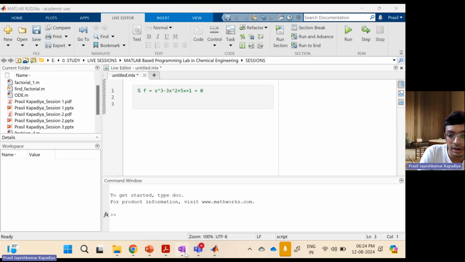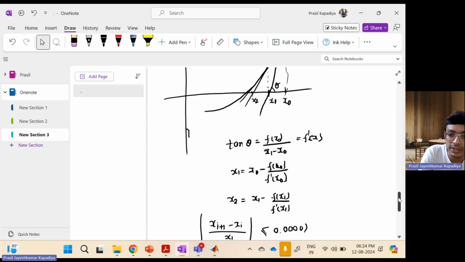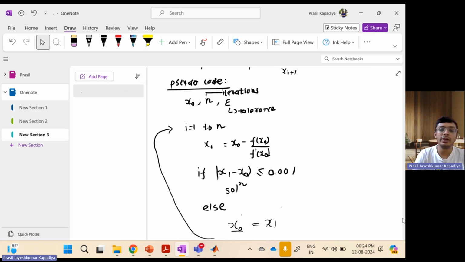So what was the method for Newton-Raphson? What was the pseudocode? What do I need to give? I need to give the value of x0, the initial guess, and iterations, how many times I want to do that. So this was for the for loop, but let's say I want to write it with a while loop.